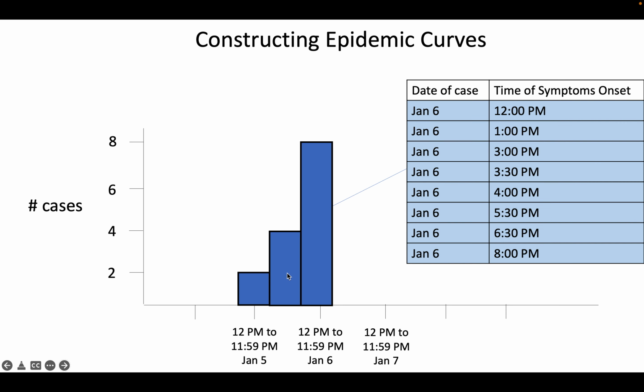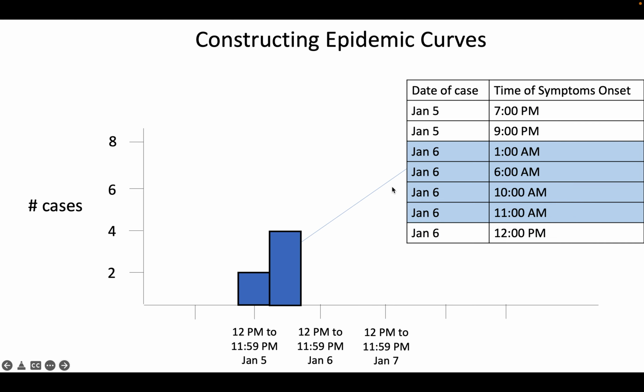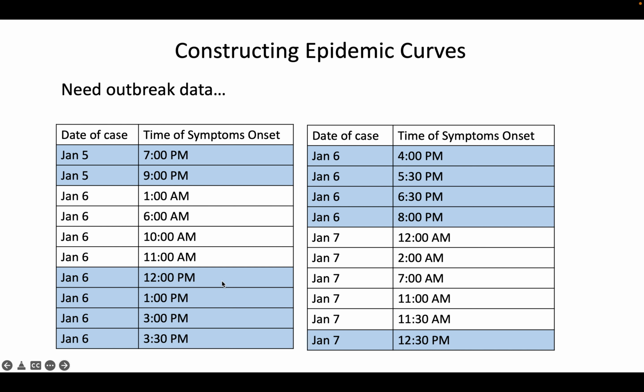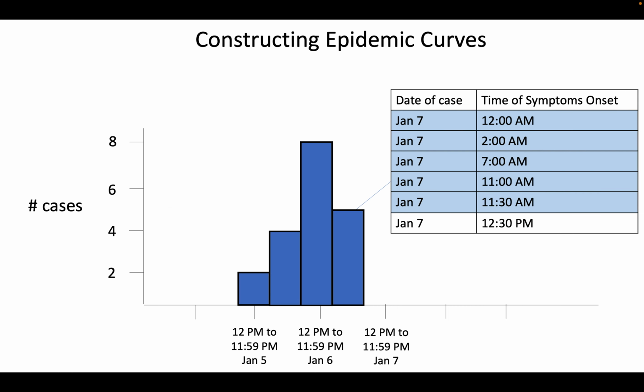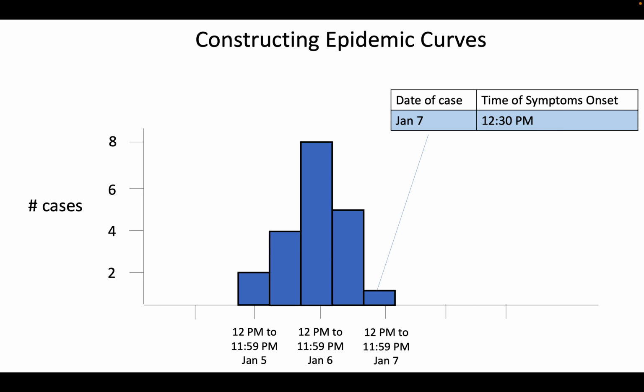If we keep doing that, we see the most happened here. I'm just restructuring the table so it all fits here, but it's basically just taking parts of this table out. We keep doing that until we've plotted all cases in the outbreak divided into 12-hour intervals.